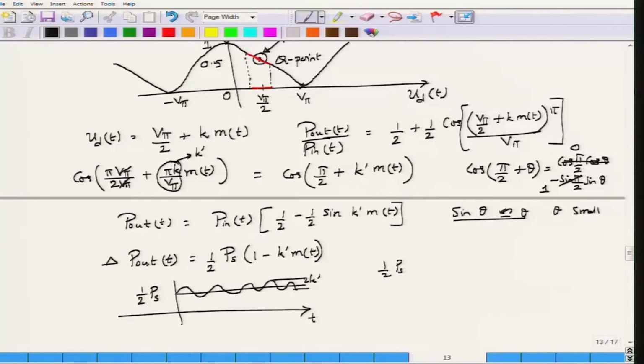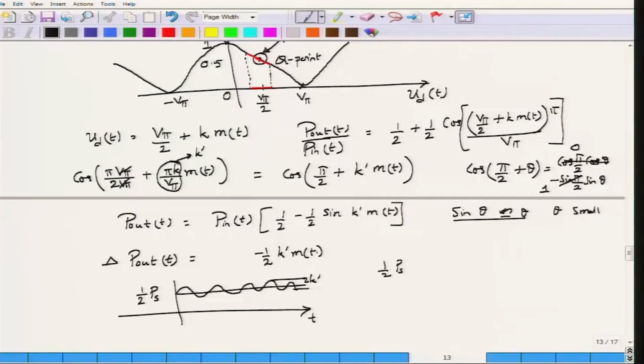If you are looking at the change in the output power, this change can be obtained by removing this DC component half Ps, and then what you have is minus half k prime m of t, right. So, I can see here that I have removed the DC part, but the change in the optical power can be negative.